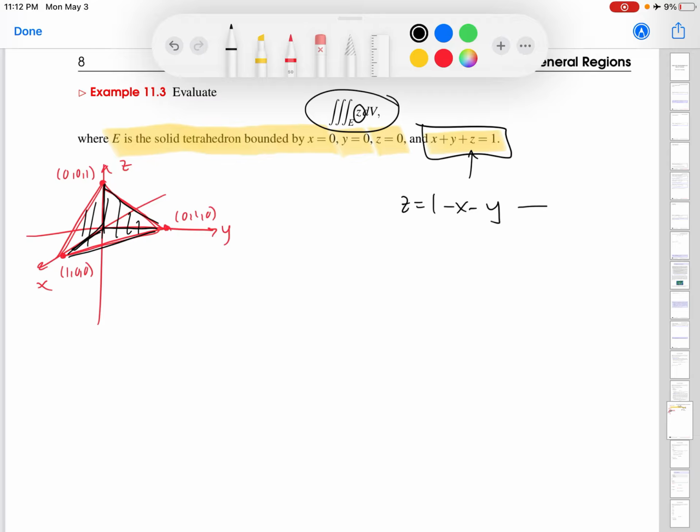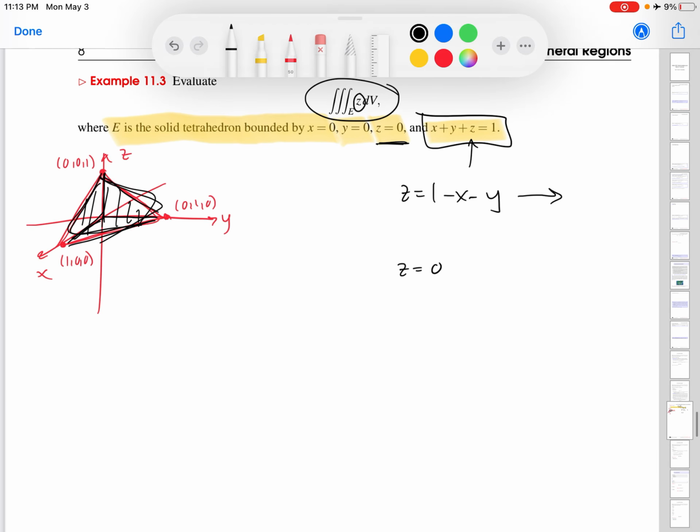I have an upper surface for z: my tetrahedron stops at this plane, x plus y plus z equals 1, and starts at this other plane, z equals 0. So those are my two bounding surfaces. When I set up this integral, I've effectively set up the z bounds already: I'm integrating z from 0 to 1 minus x minus y.